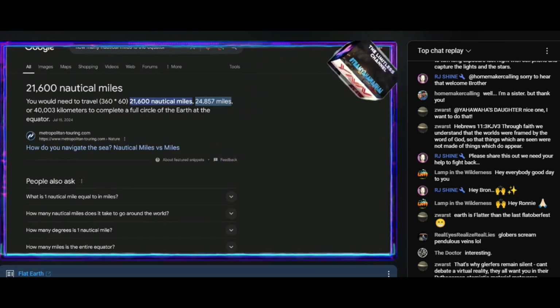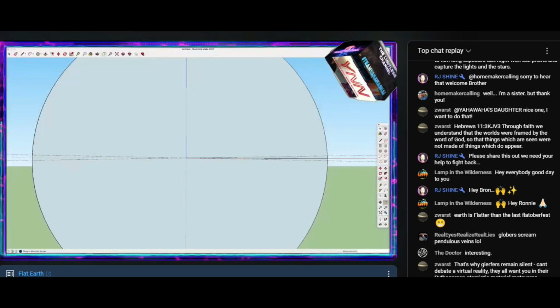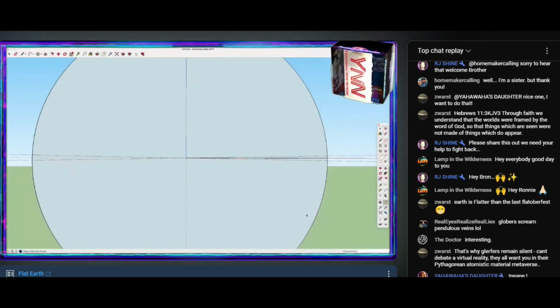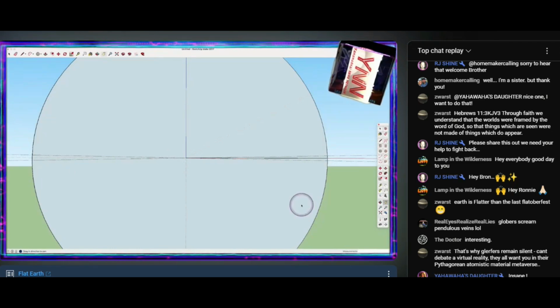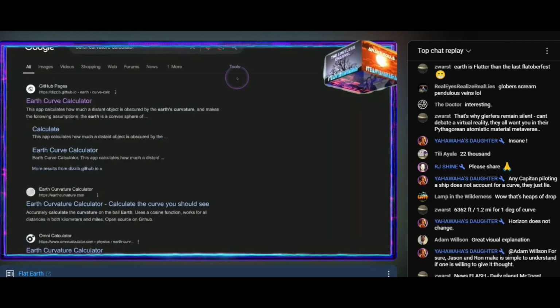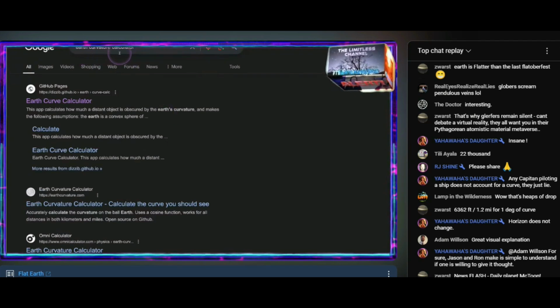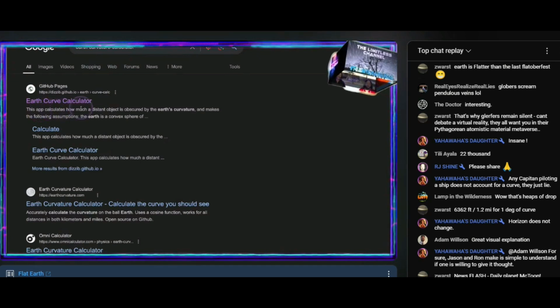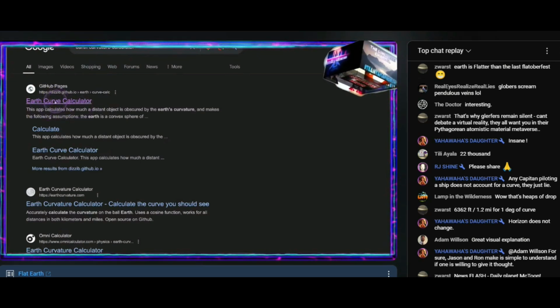Yeah, let's go ahead and bring up SketchUp, and I'm going to show everybody that if you do the conversion, this right here, if you look up Earth Curvature Calculator on Google, the number one search result is going to be this Earth Curve Calculator at GitHub. This is the one Jaron uses.